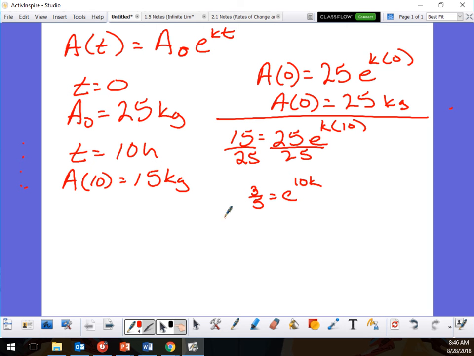So it would be ln of 3 over 5 equals ln of e to the 10k. That's going to remove that e. So I'm going to be left with ln 3 over 5 is equal to 10k.